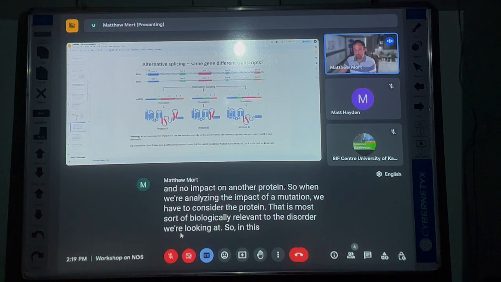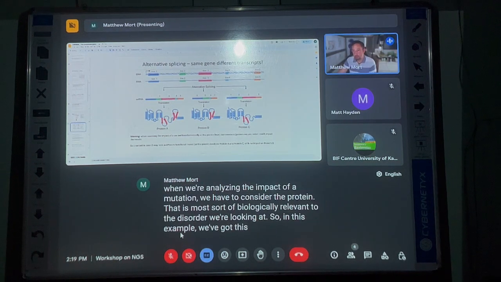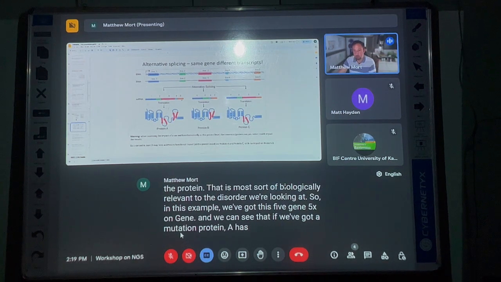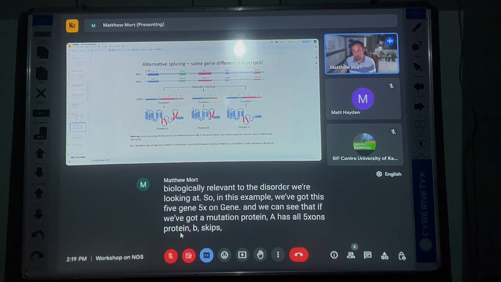In this example, we've got a 5 exon gene. Protein A has all 5 exons. Protein B skips out exon 3.